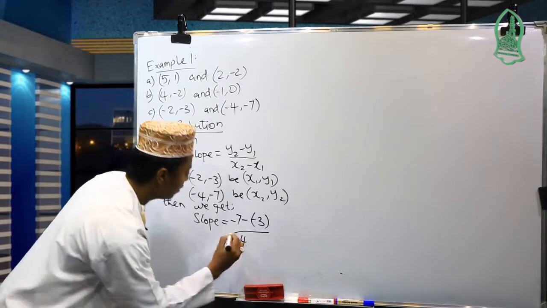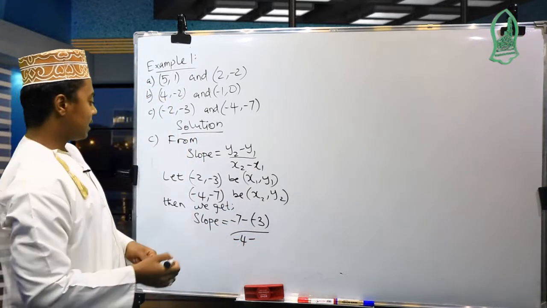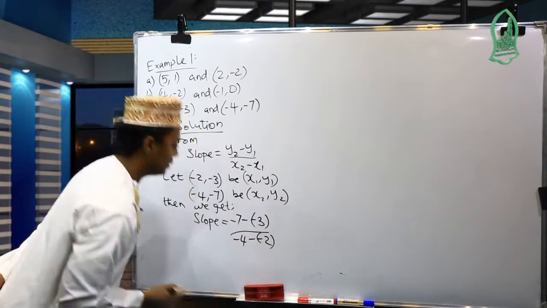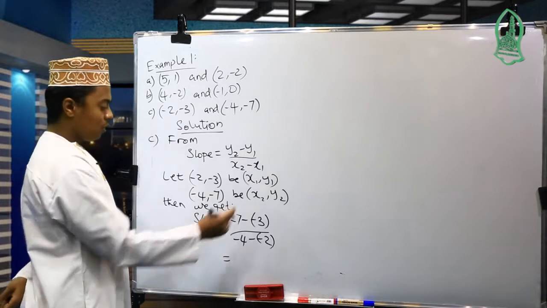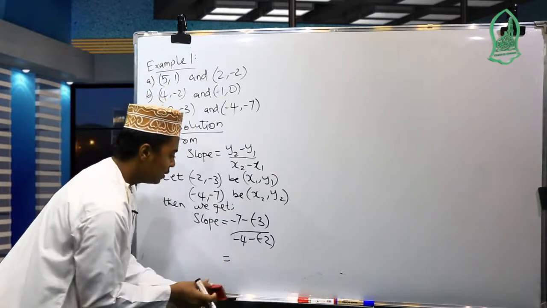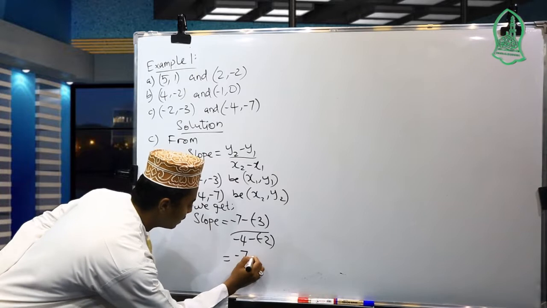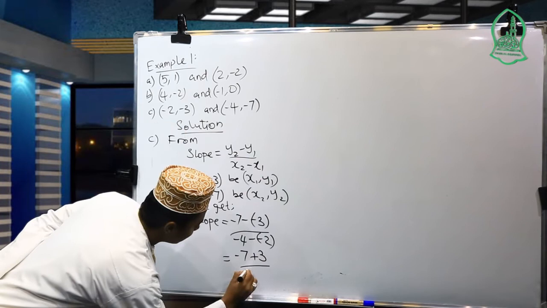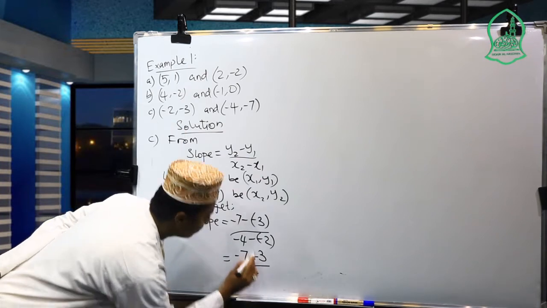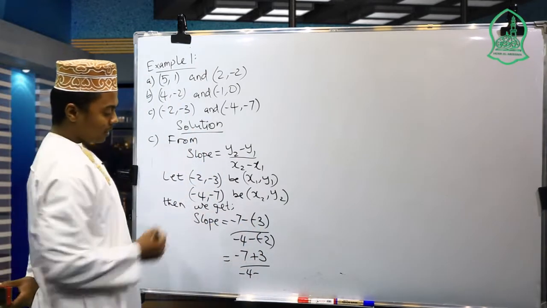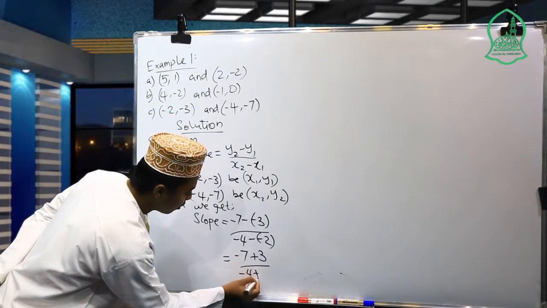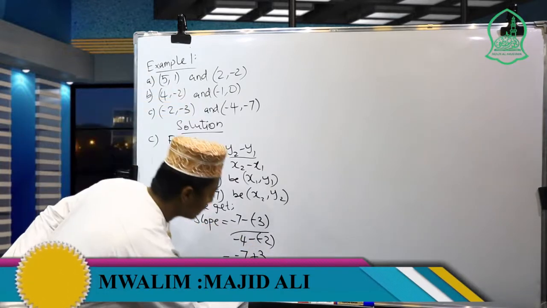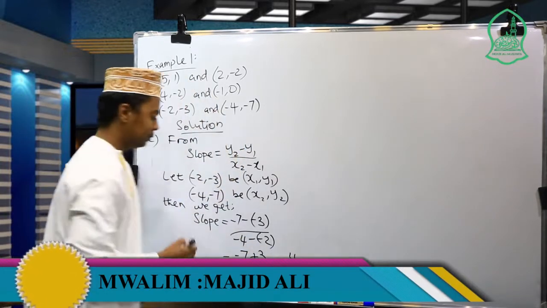It is negative 4 minus, what is x1? x1 is negative 2. So we put it in a bracket. Then negative 7 minus negative 3 becomes negative 7 plus 3, over negative 4 minus negative 2, which becomes negative 4 plus 2. So negative 7 plus 3 is equal to negative 4.